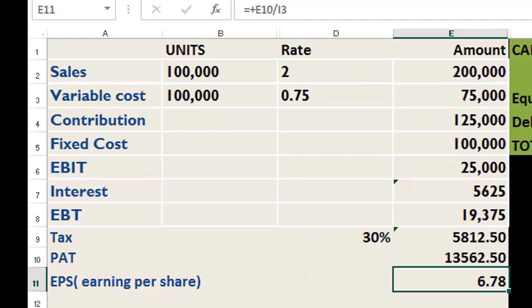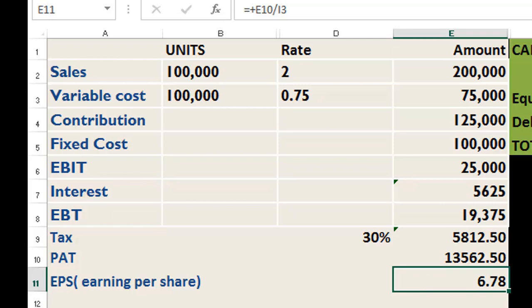So that means the earning before tax now will be 19,375, which is 25,000 minus 5,625, that is, the operating profit minus the interest. Now the company has to pay 30% tax, as the company is under a bracket of 30% tax. So 30% of 19,375 comes to 5,812 rupees 50 paisa.